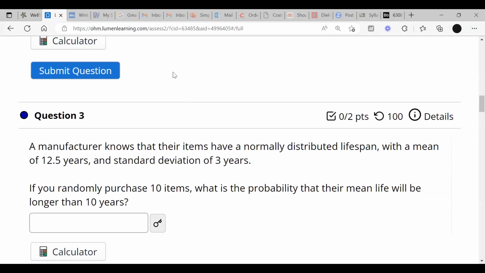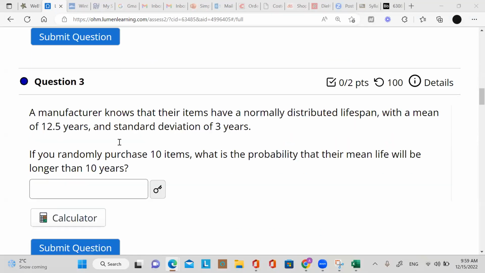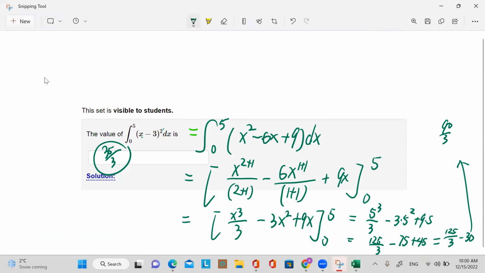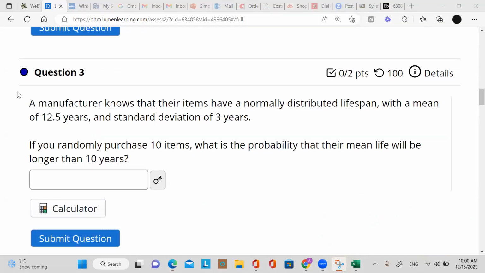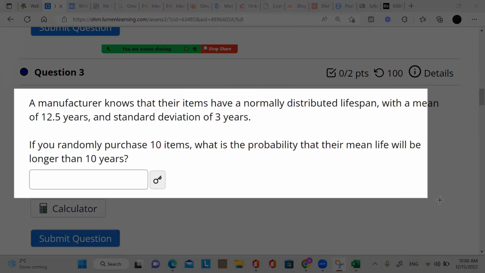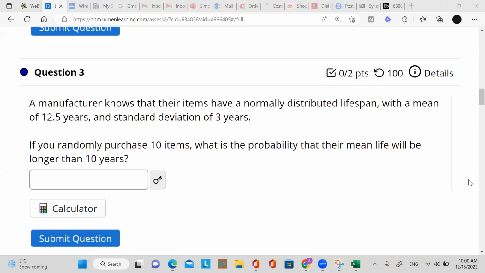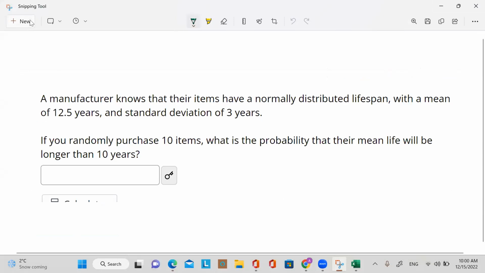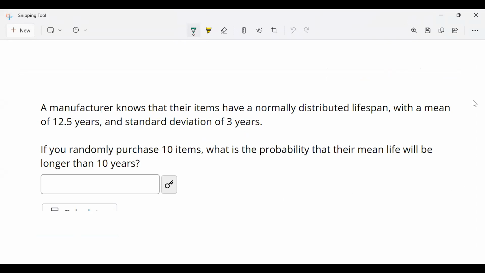Yeah, so question 3. Okay, so for question 3, you're going to need the central limit theorem, because we have a randomly purchased component.